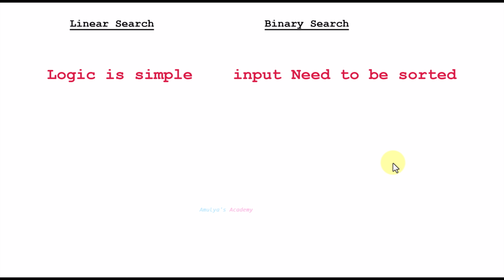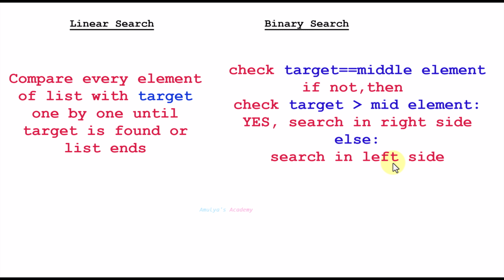Linear search is very simple. We'll compare each element with the target element starting from the beginning till we reach the target or the list ends. But in binary search, we'll compare the target element with the middle element first. If target is found, we'll return its index. If not, we'll divide the search interval based on the target element.